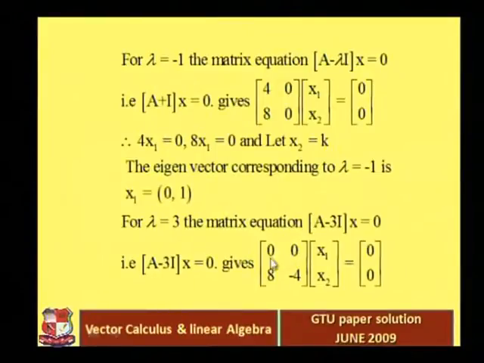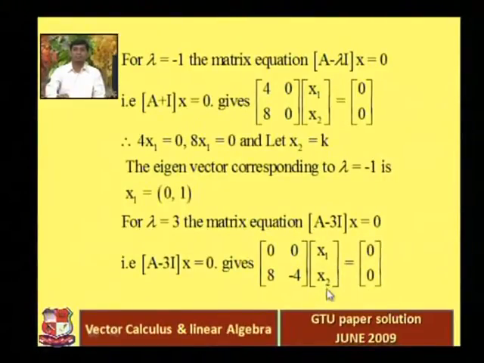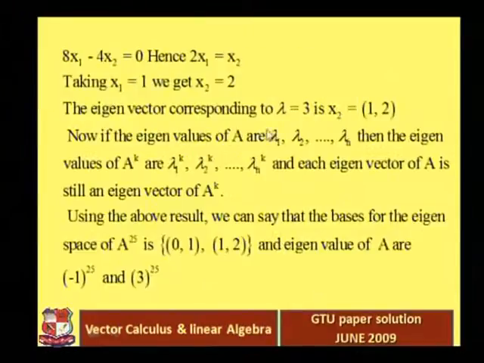So here the matrix 0 0 8 minus 4 times x1 x2 equals 0 0. Solving this, we get the linear equation 8x1 minus 4x2 equal to 0, right? Hence, with 4 common, 2x1 is equal to x2.